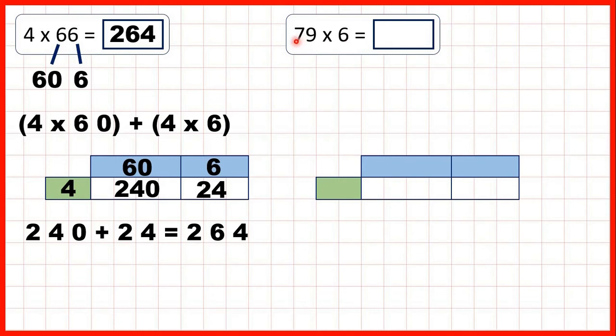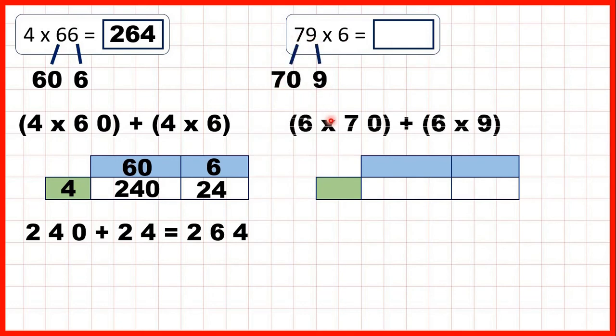We can partition 79 into 70 and 9. So now what we can do is multiply 6 by 70, then multiply 6 by 9, and then add up our answers. So again, we can have our single-digit number on the left of our grid and our partitioned number, so 70 and 9, on top.